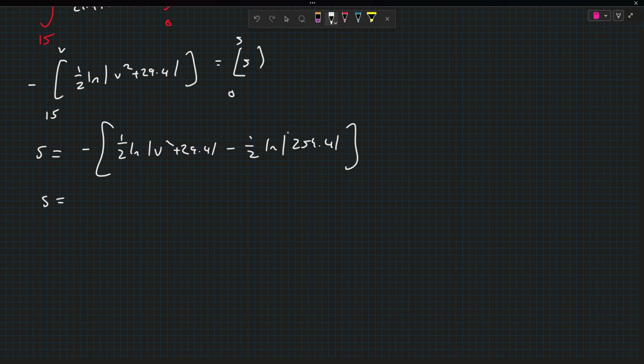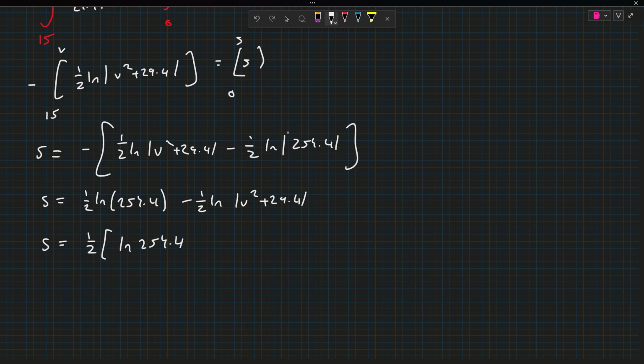So what we actually have is 1/2 log of 254.4 minus 1/2 log of v squared plus 29.4. Now we can factor a half out, and we get log 254.4 minus log of v squared plus 29.4.